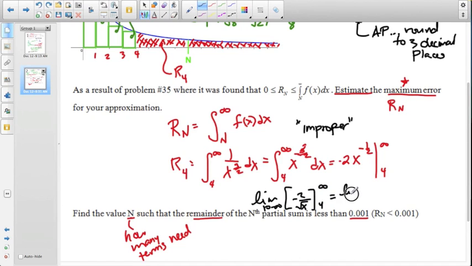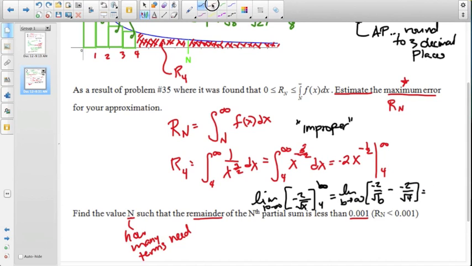So we're talking about the limit as, this is b, the limit as b goes to infinity of minus 2 over the square root of b, minus a negative 2 over the square root of 4.